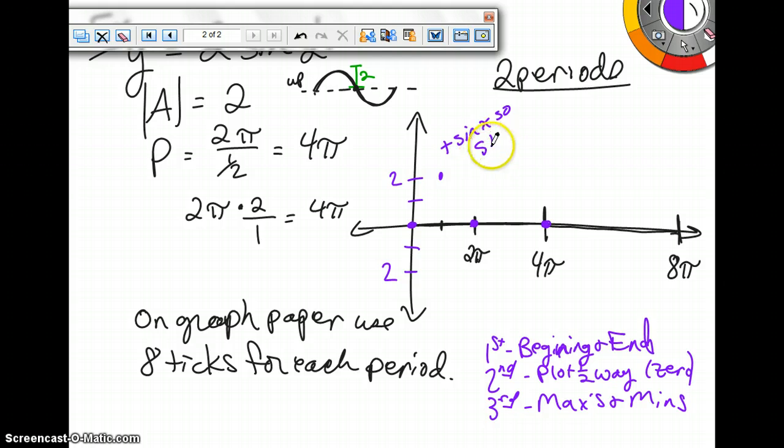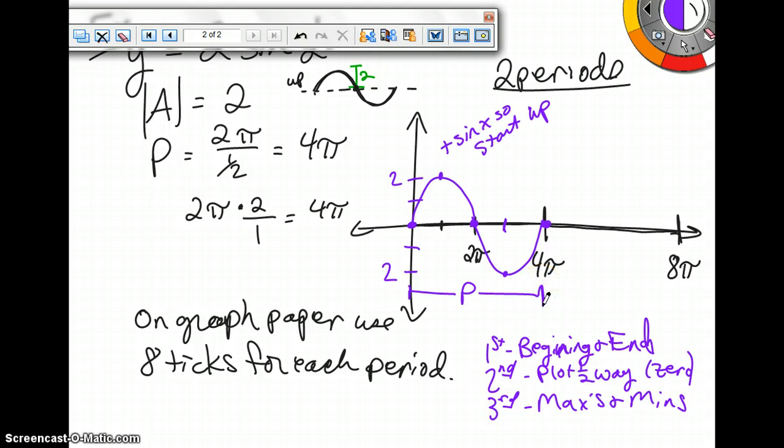So start up in the positive spot. And then I come over here, and halfway between 2 pi and 4 pi, I'm going to put my minimum. So I now trace through those points, and I have my first period. Okay, so from here through is 1 period.